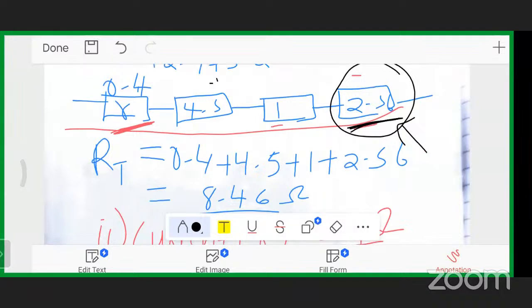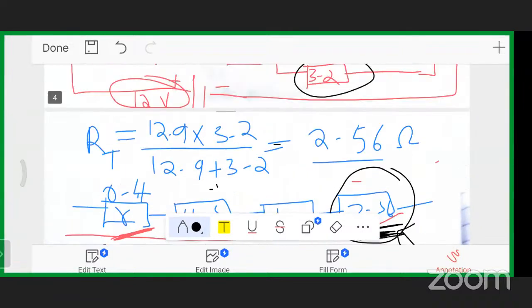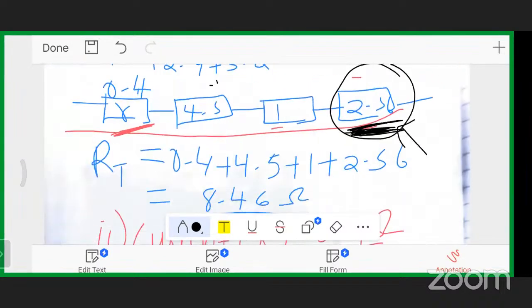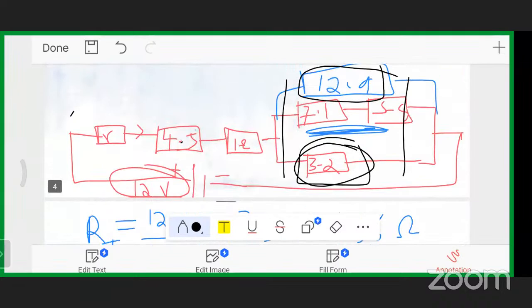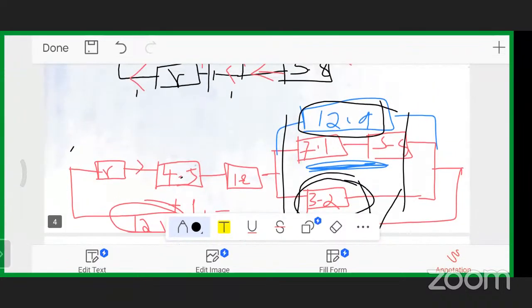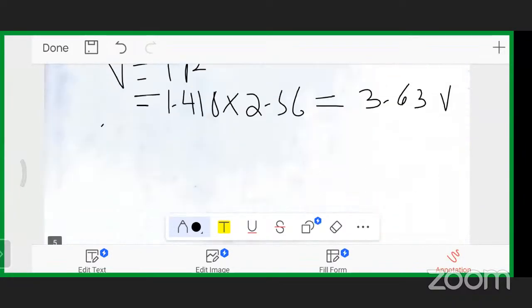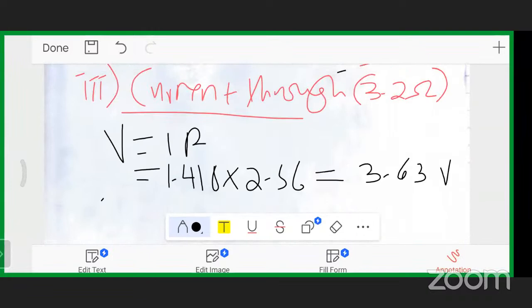And also 3.2, and they were in parallel. If they are in parallel, then it means that they are under the same potential. So the same voltage drop which you have found there is the one across the 3.2 and also across the 12.9. So that voltage drop you have just found is also the same voltage across the 3.2 ohm resistor, the one we want in the question.